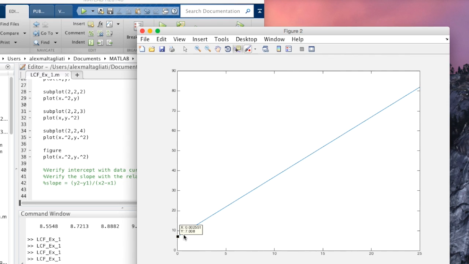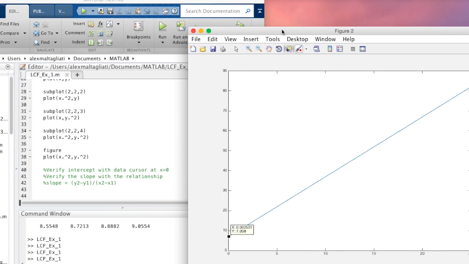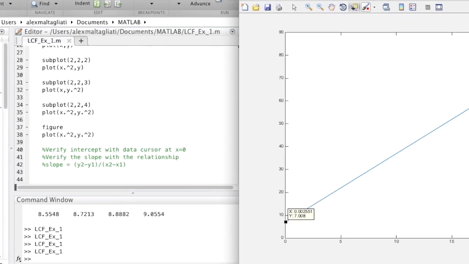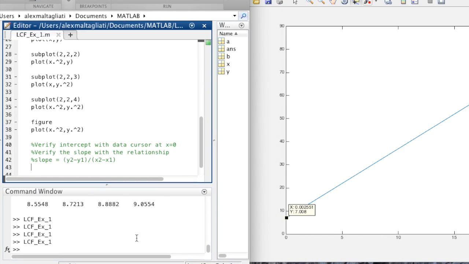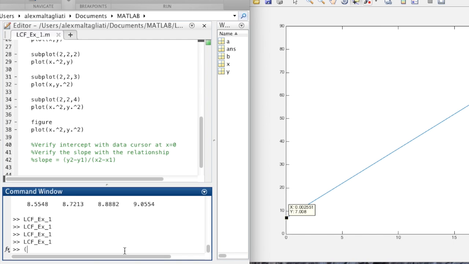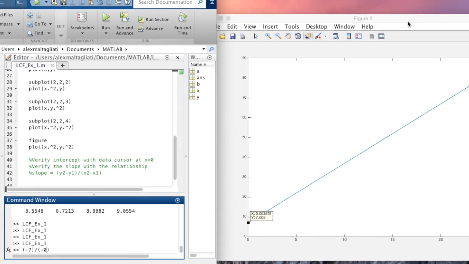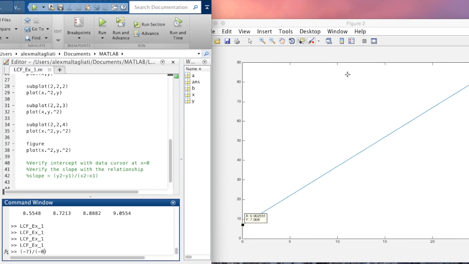So we have one of our points, 0, 7, so we can start to fill that in the command window. We want to get y2 minus y1 over x2 minus x1. So we have our y1 value is 7, and our x1 value is just 0. So let's pick another point further along here.